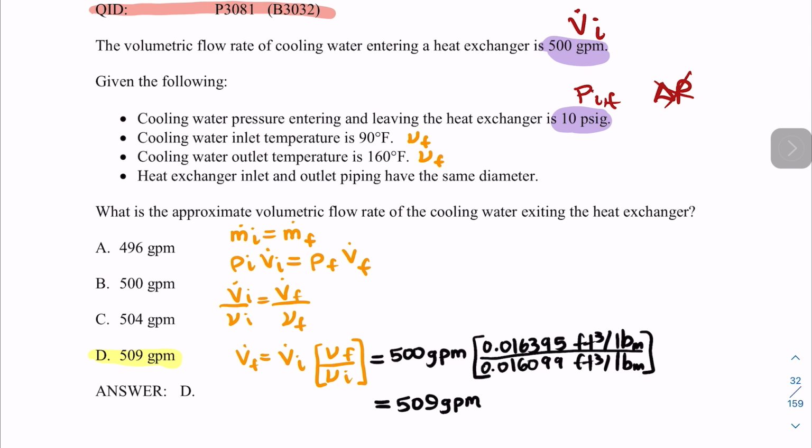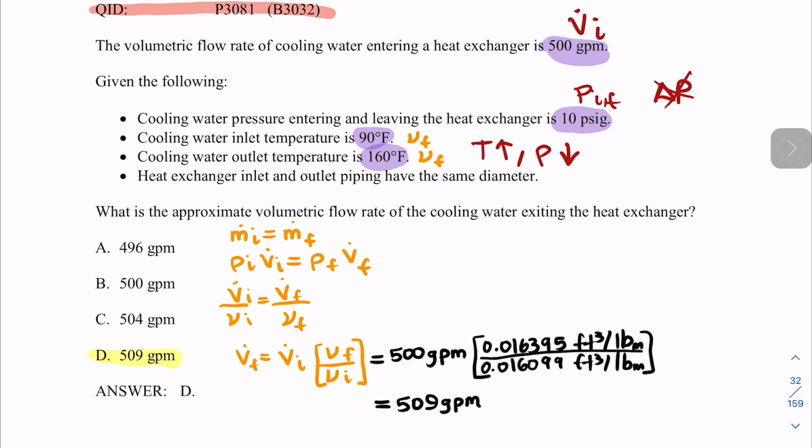It's also telling me about the cooling water system. Usually when we're given a temperature or a density in this cooling water system, we need to get the volumetric flow rate. So this is what I got. I have a change in temperature, right? I'm increasing the temperature of my water. So if the temperature of my water increases, what's happening to my density, right?